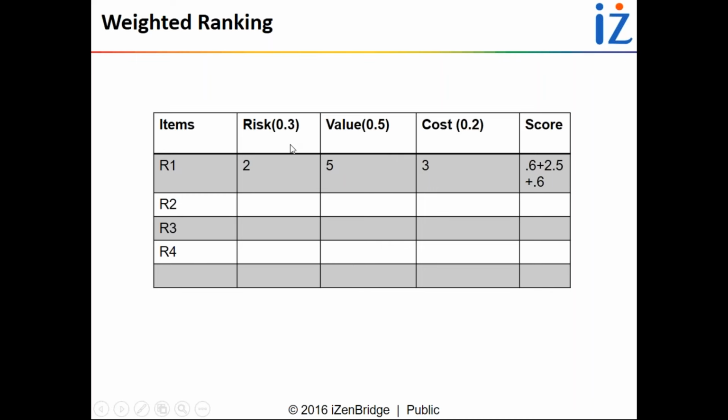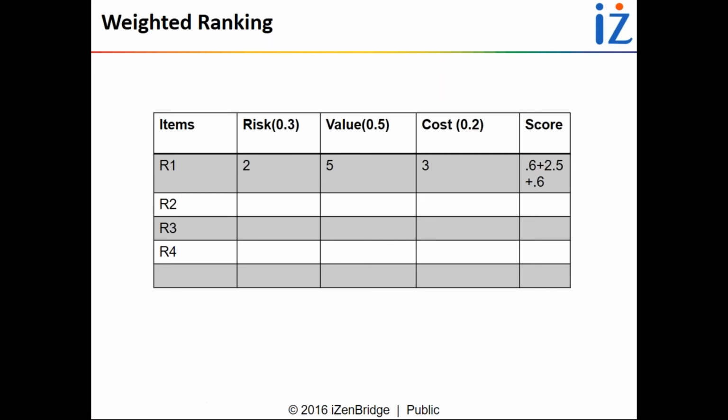You have to reach consensus on the method of giving weight, and you also need consensus about the voting method. In the weighted ranking method, the first 2 things are important: what the criteria will be and what the voting method will be to prioritize those requirements.